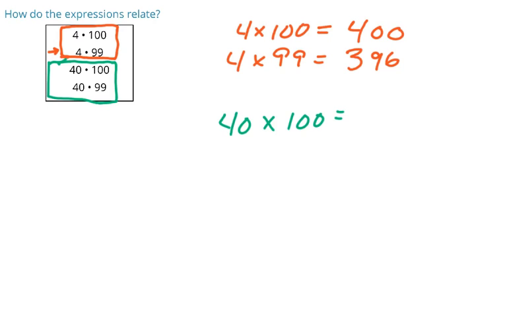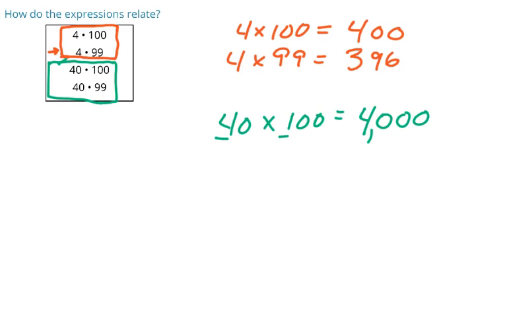So we go 4 times 1 equals 4. 40 is 1 power of 10, and 100 is 2 powers of 10. So it's like 10 times 100, which is 1,000. When you have 1 power of 10 times 2 powers of 10, you end up with 3 powers of 10. So 40 times 100 is 4,000.